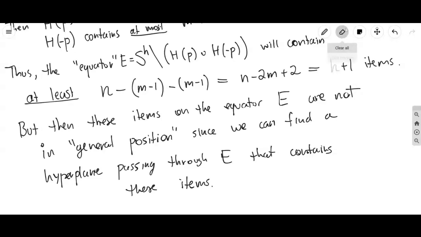It's always about 1 more. So we have a sphere of dimension h, but we have h plus 1 items on the equator, and you can pass a hyperplane through the equator, and then that would violate the fact that the points have been chosen in general position. And that right there is a very elegant proof of Kneser's conjecture, a very elegant solution to Kneser's conjecture.